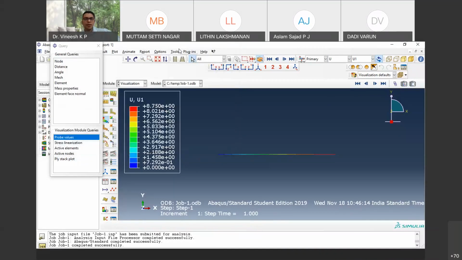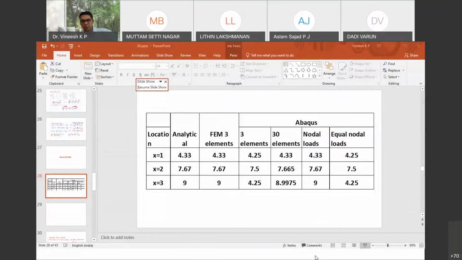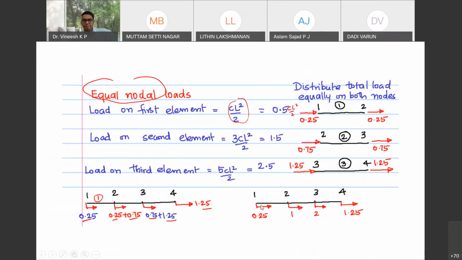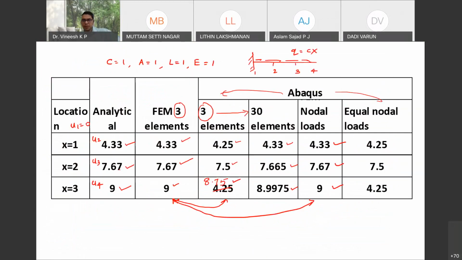So come back here. So what is happening when you apply equal nodal loads?